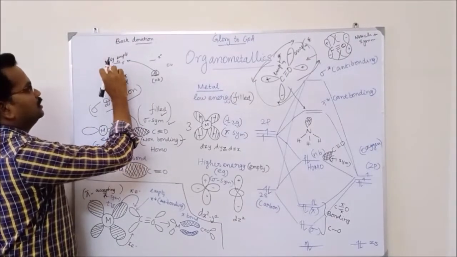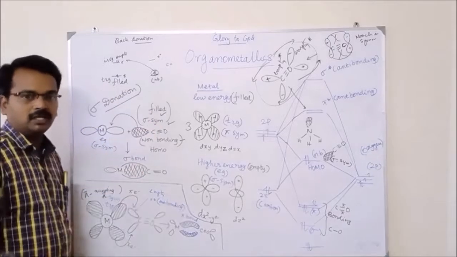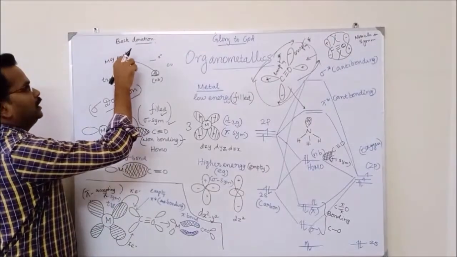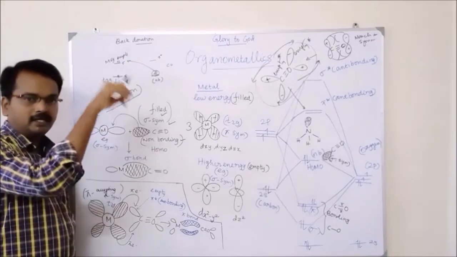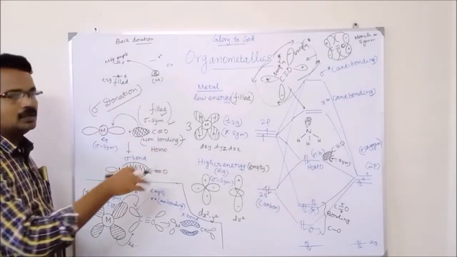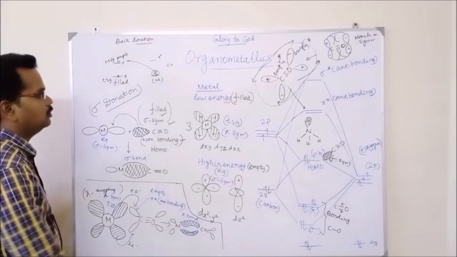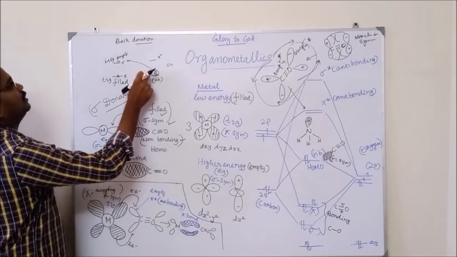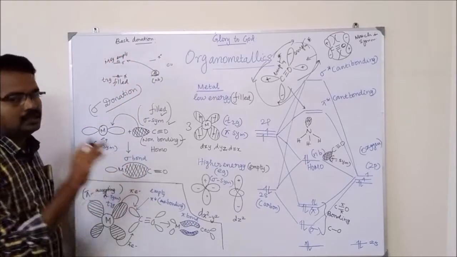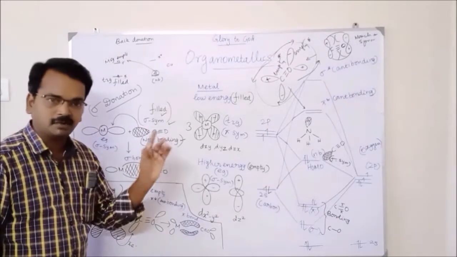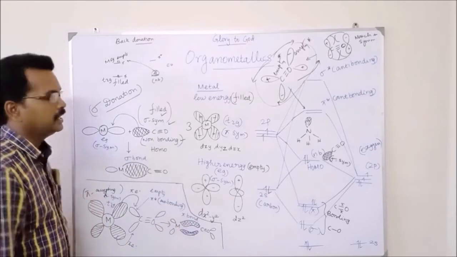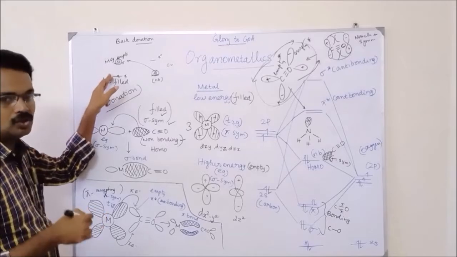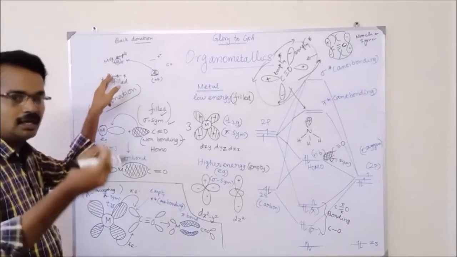Since this is somewhat antibonding in nature, according to bond order the electrons present in the antibonding will collapse the entire molecule. Therefore this donation of electrons to the Eg orbital is possible but not favorable. So these electrons have the tendency to come and occupy the lower energy.